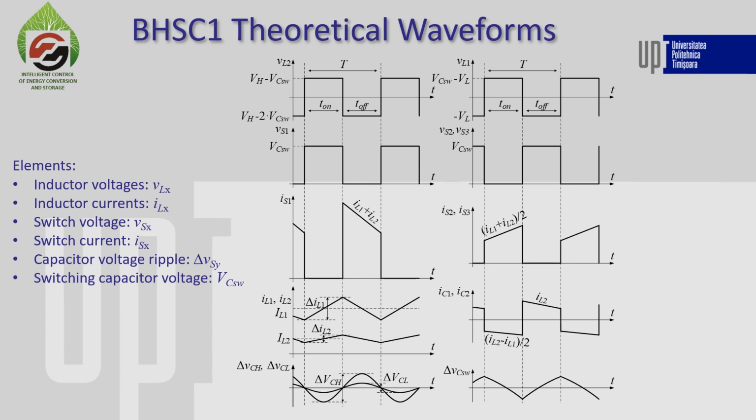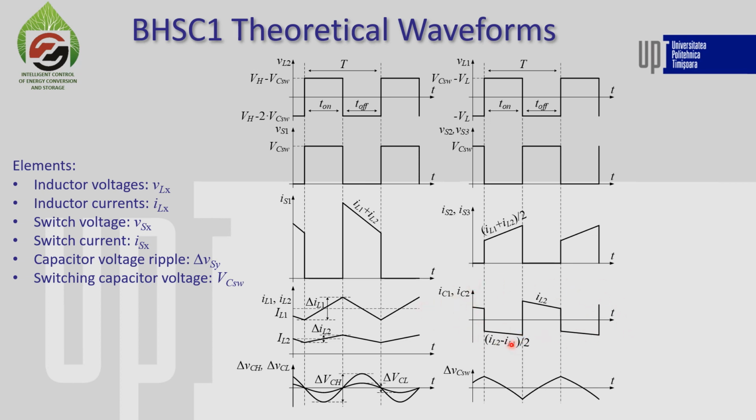Next we have the main theoretical waveforms. Here we see the voltage on the inductors, then the two currents on the inductors, the voltage stresses on the transistors, and the currents through the transistors. We see that the current through one transistor is higher than the currents through the other transistors, and the current ripple through the two switched capacitors has quite a large value.